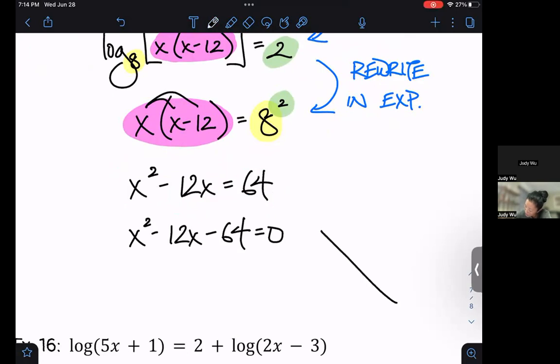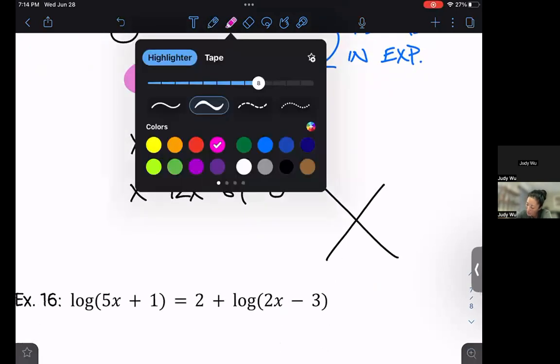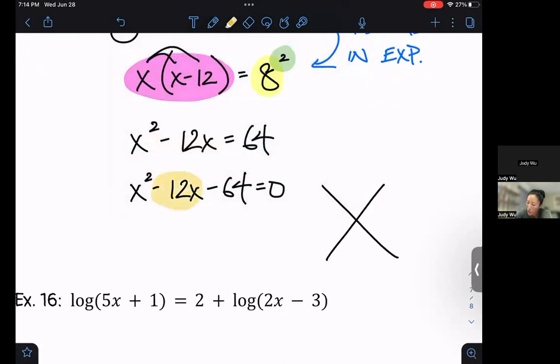And off to the side, I'm going to set up for how I might split this middle term, right? We're looking for a clever way to write negative 12x so that I can find the greatest common factor in 2 different clumps. So a times c is negative 64, b is negative 12. So I'm thinking about numbers that multiply to make 64, but also add to make 12, all right? Now, it turns out that 16 and 4 multiply to make 64, right?